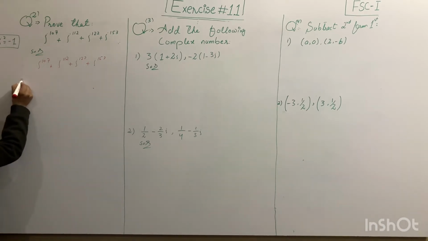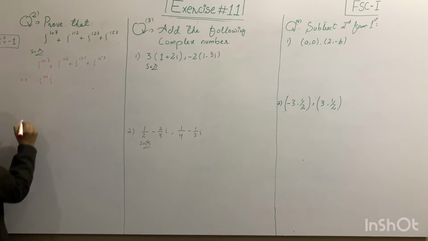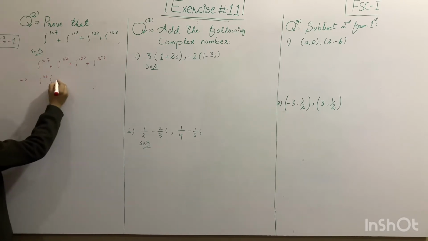So this implies that I can write this as iota power 106 dot iota, right? Because on multiplication it gives me 107.